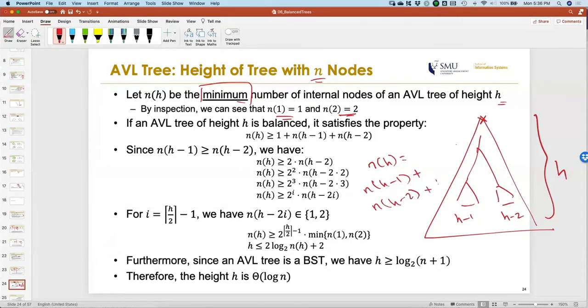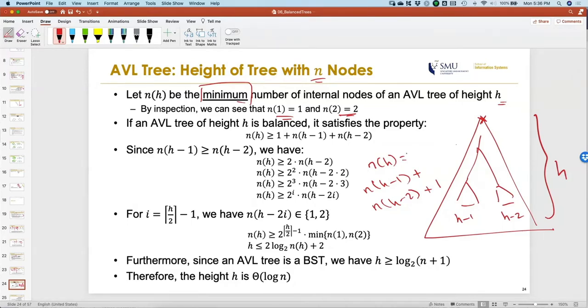Then I need to add 1 to account for the root itself, because the subtree is going to have a root and two children, which in turn are the roots of another two subtrees. So from there, this is the minimum.